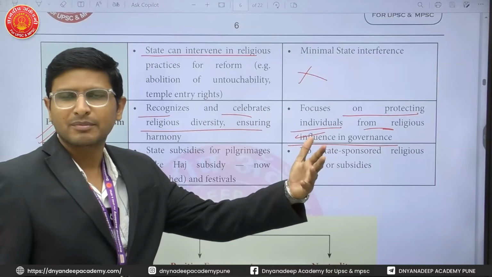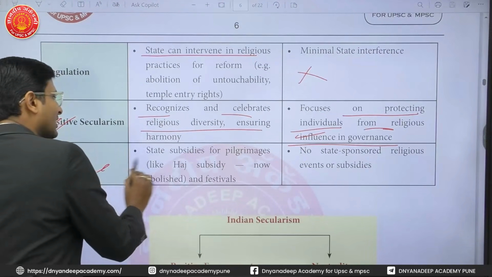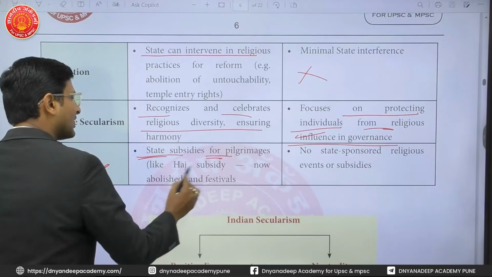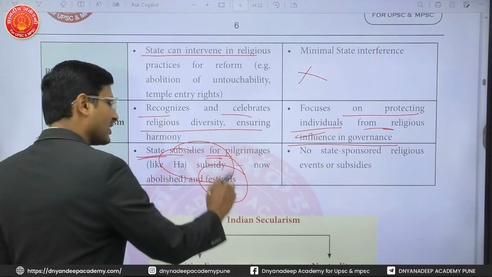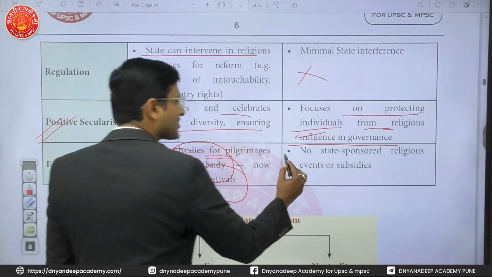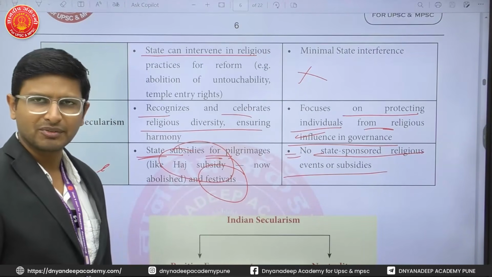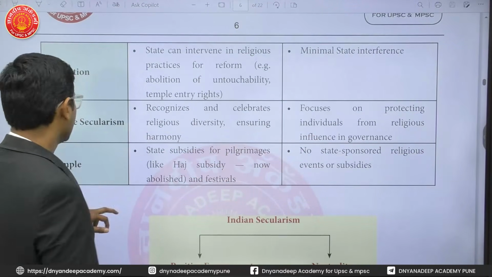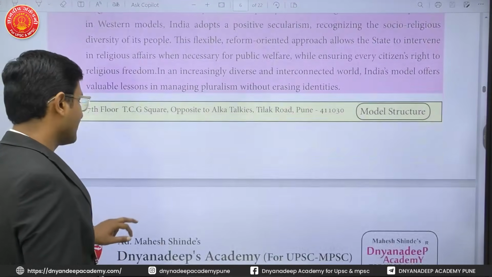We celebrate it, and they try to restrict it. For example, state subsidies for pilgrims like the Hajj subsidy. Also, the state promotes festivals. But in the Western countries, no state-sponsored religious events or subsidies are given. So that is the difference between Indian secularism and Western secularism.